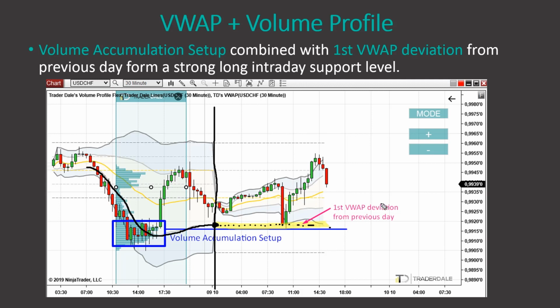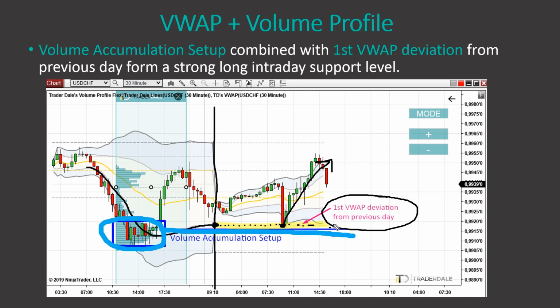So we have a VWAP setup telling you to go long from there, but in my case, I wouldn't really be into that trade if there weren't those volumes. This wouldn't be strong enough for me to enter long, but there's the confirmation, there's the volume-based confirmation.